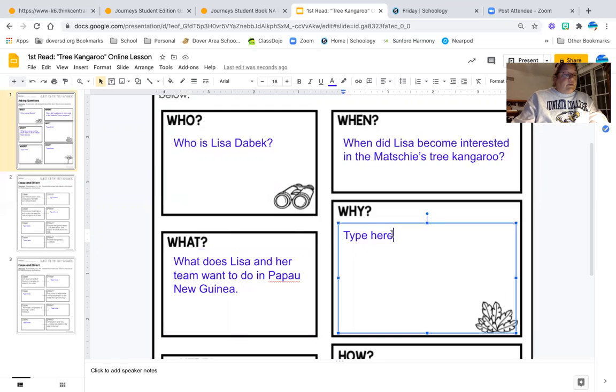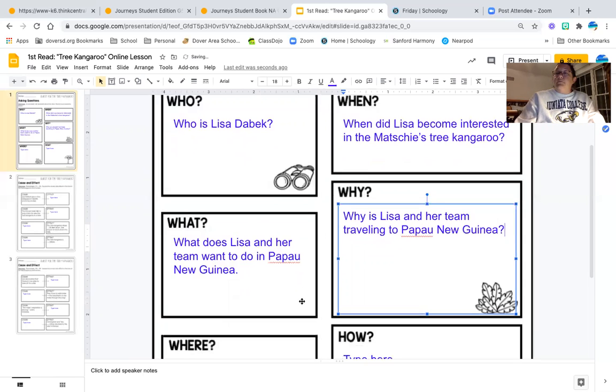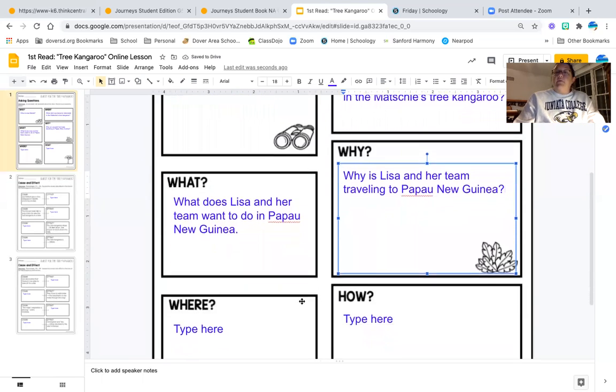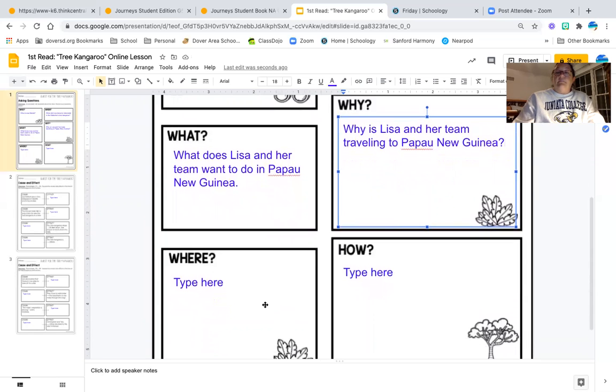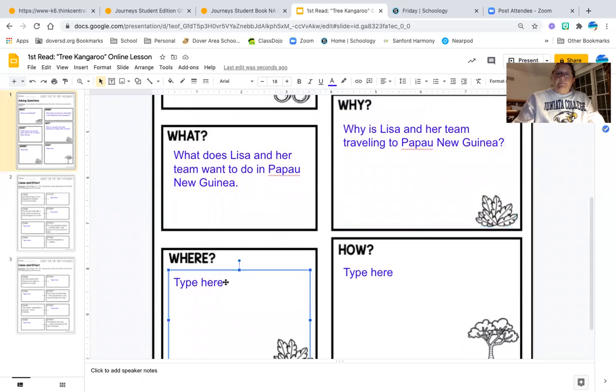Okay, so I could ask the question in a different way. I could have said, why is Lisa and her team traveling to Papua New Guinea? And again, it's to discover and find the tree kangaroo and learn some things about it.